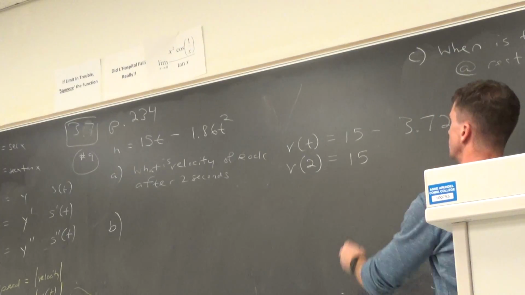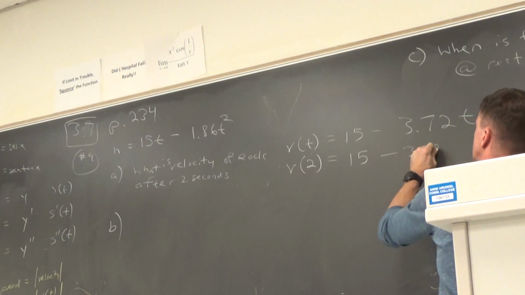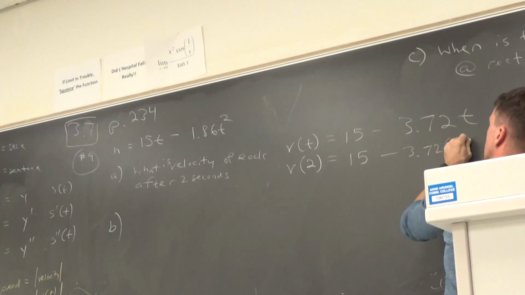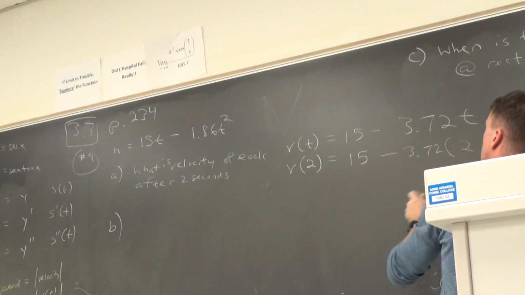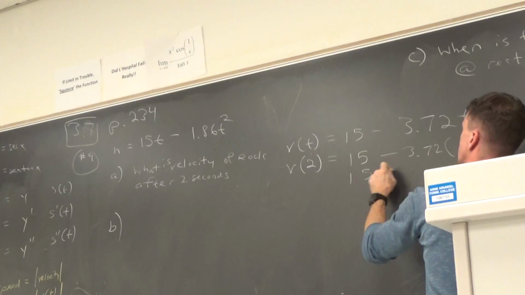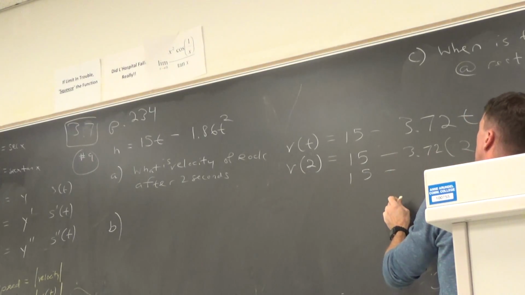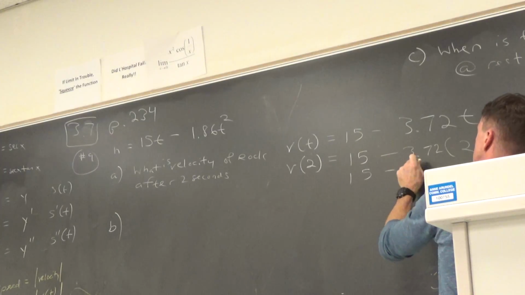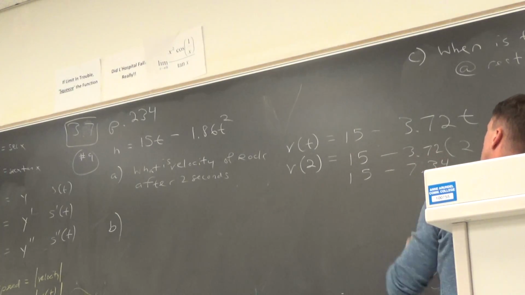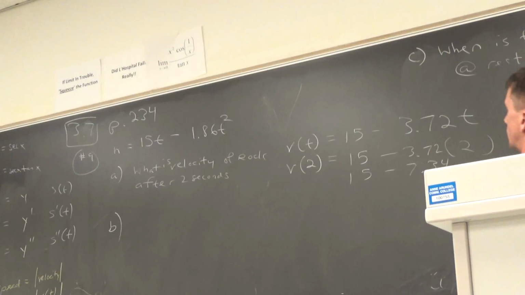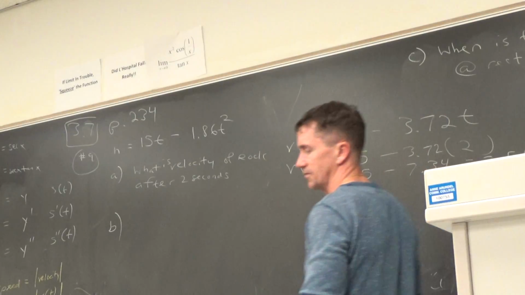Now, what is v of 2? What's 15 minus 7 point something? Is it 7.34 or 7.44? 7.44. Yeah, 7.44. Thanks, Josephine. So 15 minus 7.44 is 7.56. Now let's go back and see what the units were for this problem.